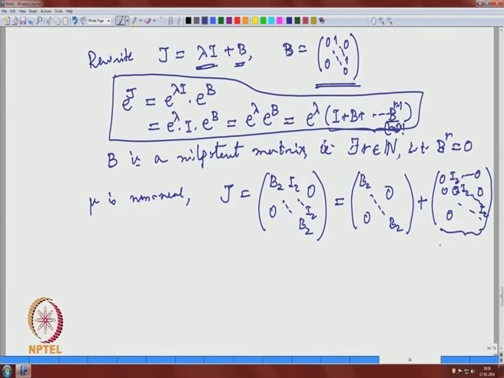Again this is nilpotent and these two commute.